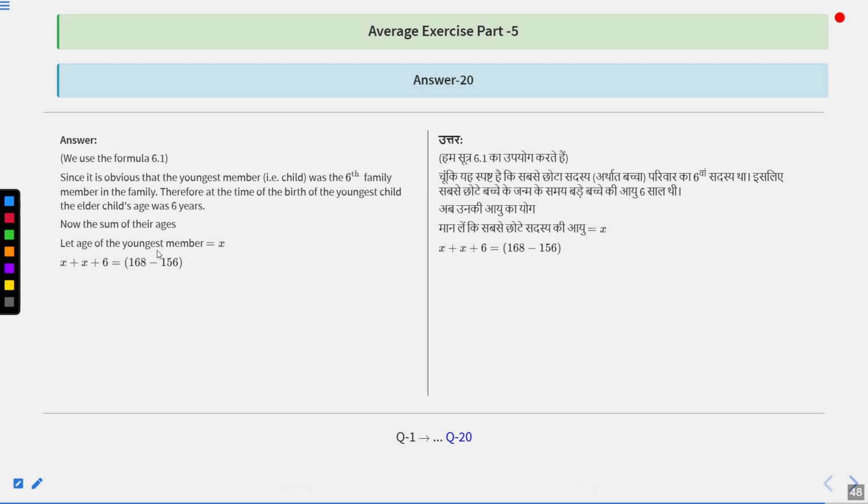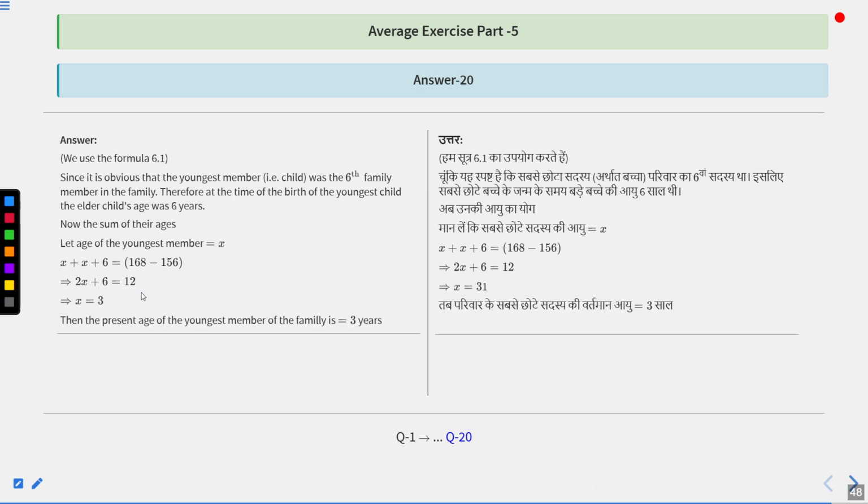Let the youngest member be x years. So we can say that x plus 6 equals 168 minus 156. Clear? So we get the value of x, which is 3 years. So the present age of the youngest member of the family is 3 years.